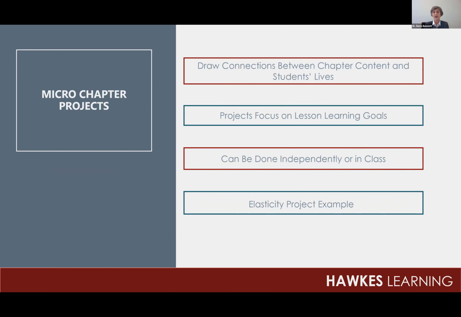One of the projects that I did was for the elasticity chapter. And so what I had $400, and I allocated that $400 among 12 different items that students might buy: microwave popcorn, soda, bottled water, Uber rides, and 8 others.